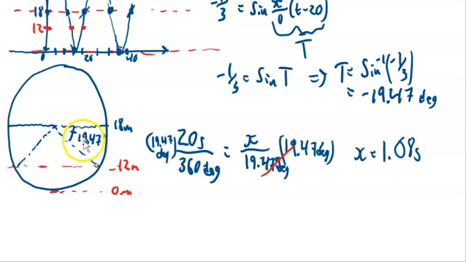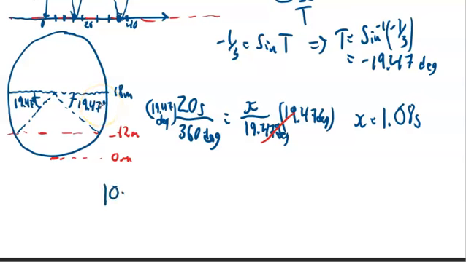If this is 19.47 degrees, then this also has to be 19.47 degrees. You see that? So we need to know the time it takes to go from here to here. This would be half a revolution minus this little bit here. Half a revolution takes 10 seconds, because the period is 20 seconds.